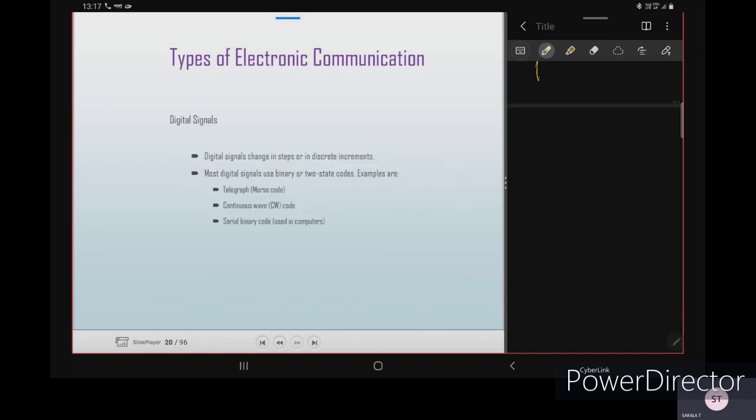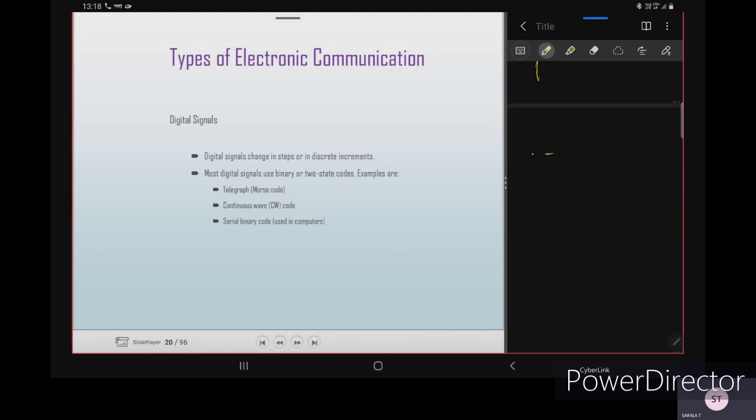Digital signals change in steps or in discrete increments. Most digital signals use binary or two-state codes. For example, telegraph Morse code, continuous wave, that is CW code, and the serial binary code used in computers. Telegraph Morse code: previously you had the dot and hyphen method.